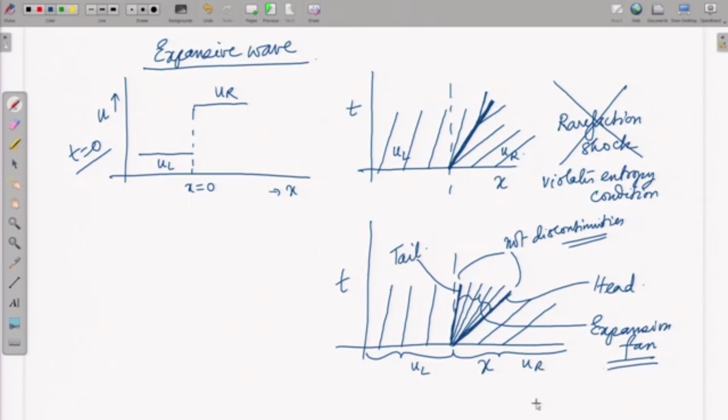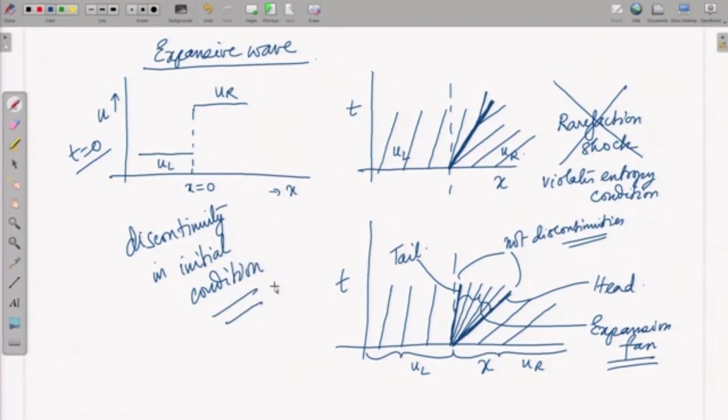This is how an expansive wave would behave, again with a discontinuity in the initial condition. So, this is a centered wave.